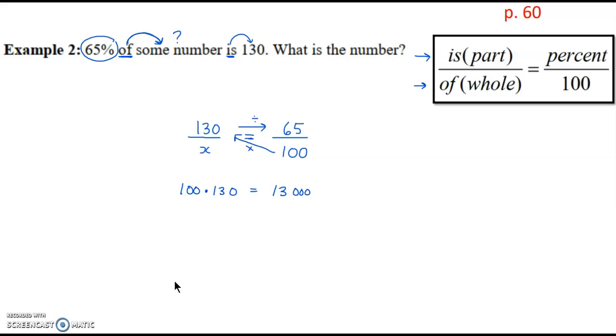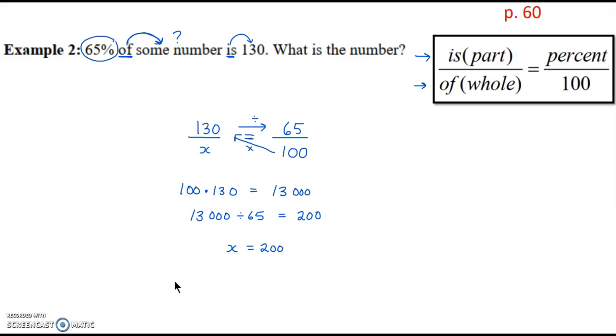We can also solve this algebraically isolating x, as I've shown in previous videos. We can take the 13,000, divide by 65, and that will give us x. And that is 200. And that makes sense based on what we're looking at. X is equal to 200.